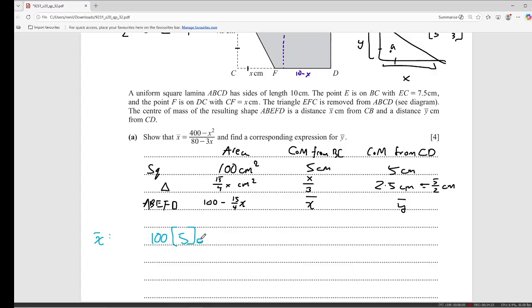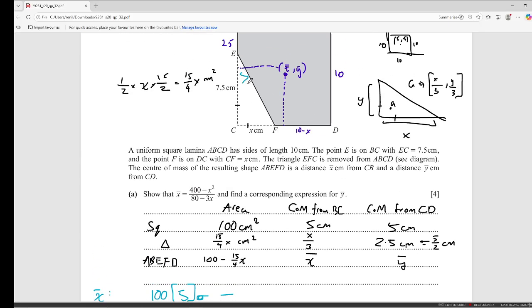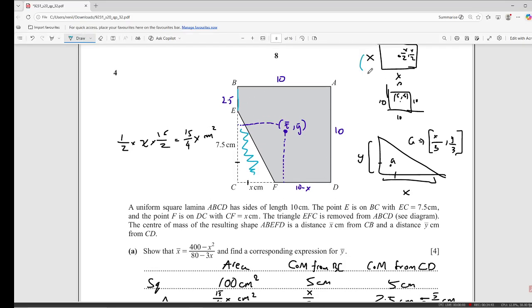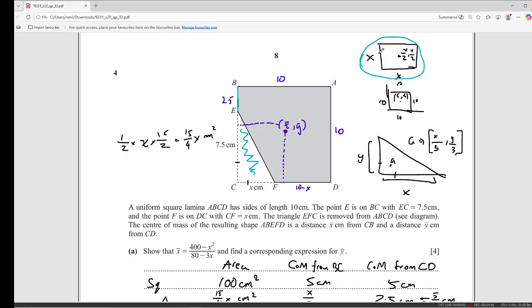I would like to call it sigma, but this is a form of density. It is an essential factor. Now, we subtract the triangle's moment. Why do we subtract it? Because this shape is cut off. This entire square creates a positive moment. But this triangle, since it is cut off, creates a negative moment.